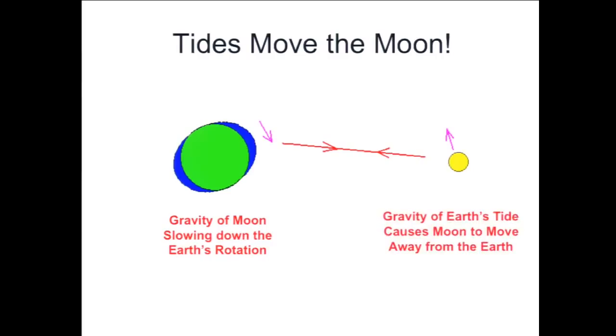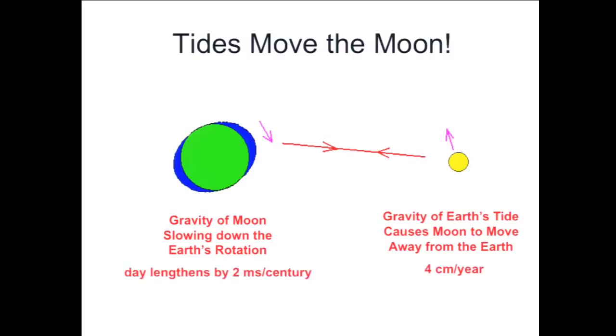The gravity of the Earth's tide reacts back on the moon, moving the moon away from the Earth. And so this process of tides acting back and forth between the moon and the Earth has caused over time the Earth's day to slow down, and it's caused the moon to move away from the Earth.